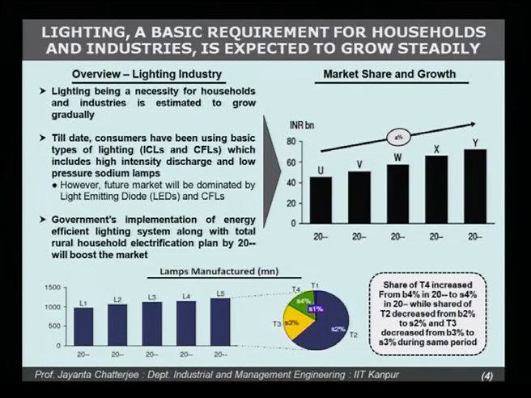So, you can see these numbers, these growth rates are derived out of real scenarios. The lamps manufactured, incandescent lamps manufactured, these numbers are real.